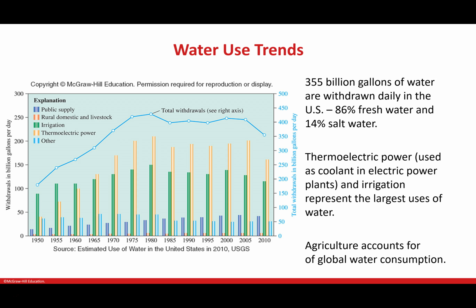And agriculture accounts for about 30%. I wouldn't have guessed it. I was like, is that really what it is? I didn't know if by agriculture they meant irrigation and rural domestic livestock, but the livestock really kind of surprised me too.